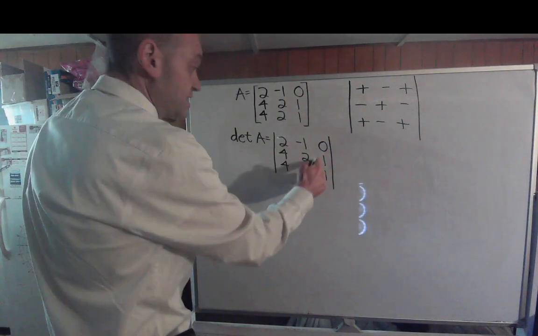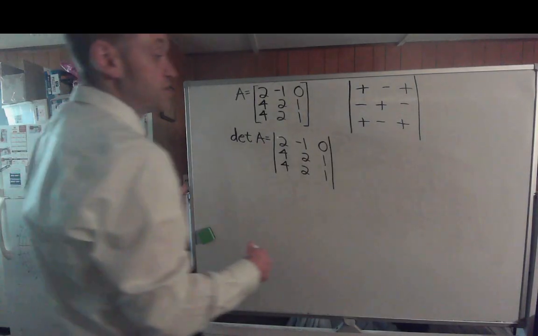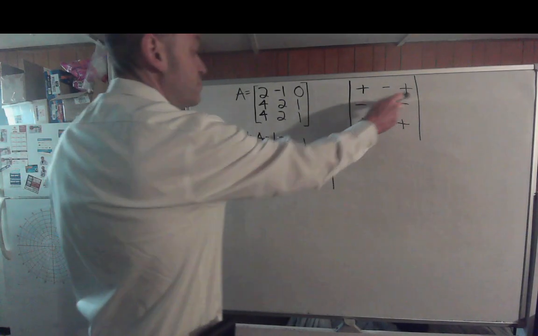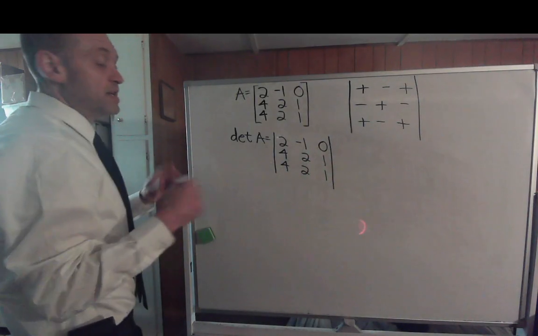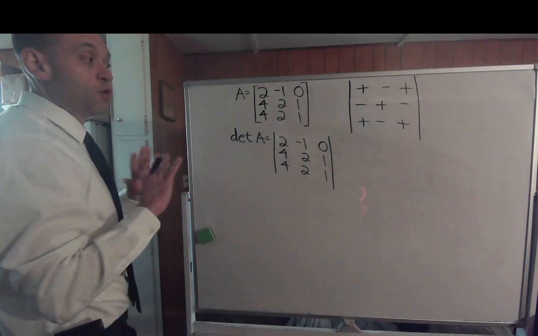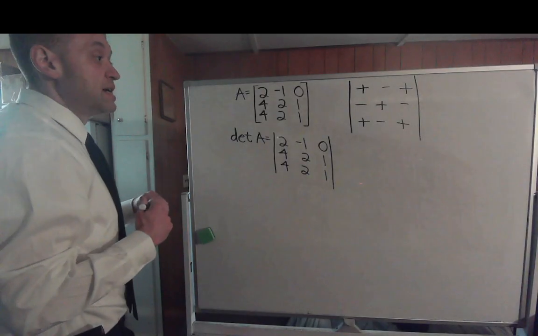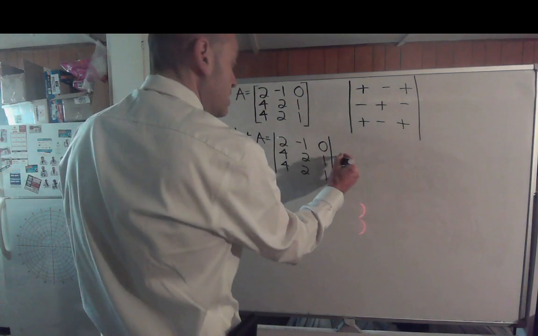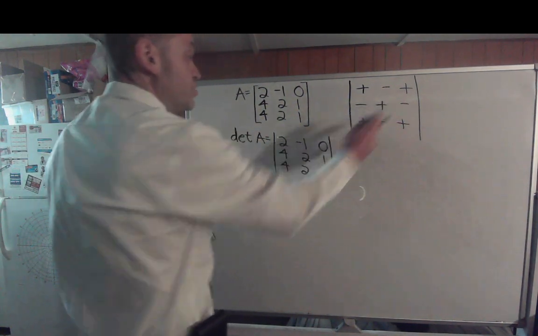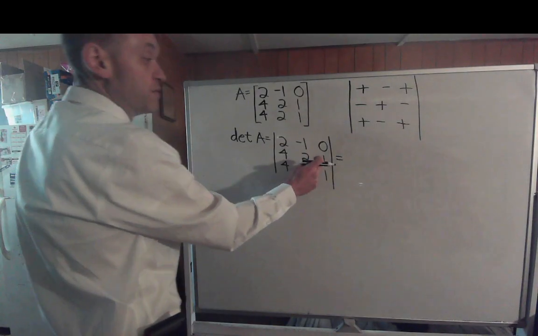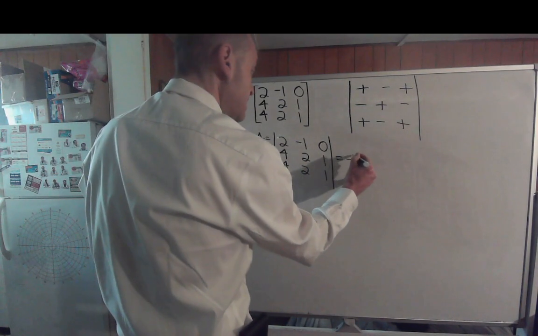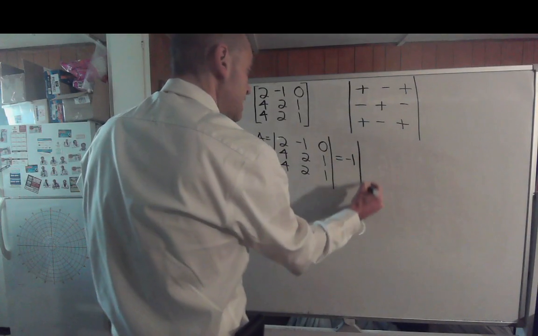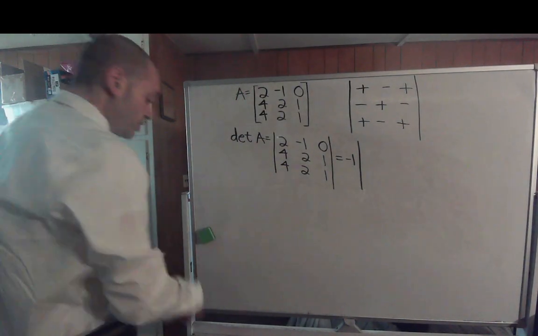The first entry is 0, and according to my coefficient matrix, that should be positive. But 0 times anything is 0, we don't have to screw with that. So we can go right to 1. According to my coefficient matrix, we need to negate the coefficient there, so that'll be -1 times the resulting determinant of whatever's left.